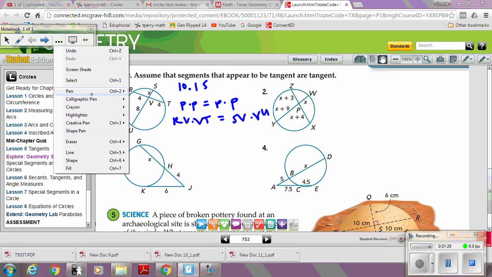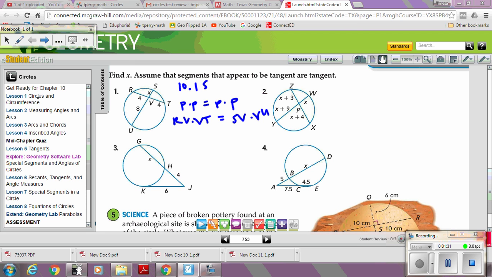If I write down what they are, RV is 4, VT is also 4, SV is x, and VU is 8. So it's 4 times 4 equals x times 8. Now let's get x by itself. We'd have 16 is equal to 8x. If we divide both sides by 8, we get 2 is equal to x.